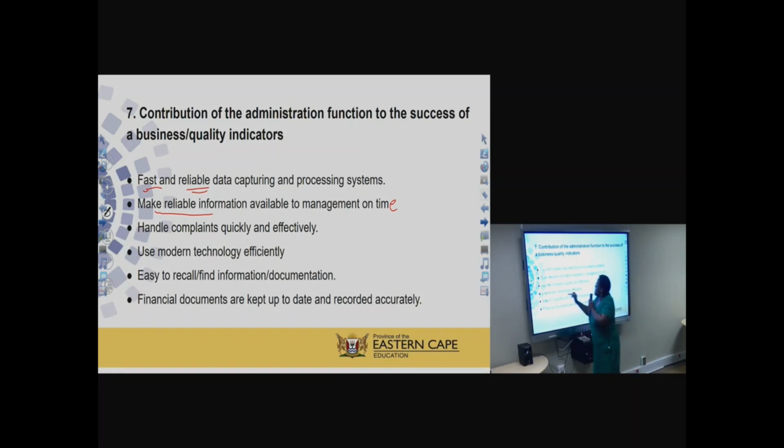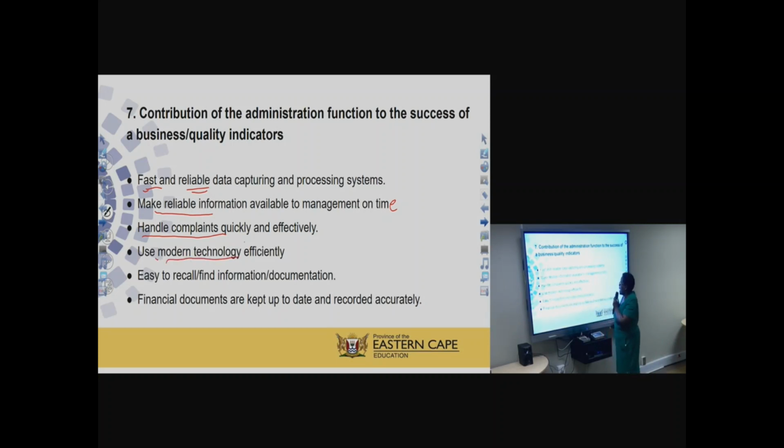You must be able to handle complaints quickly and effectively. Remember, if you can't handle complaints in the administration function, that will bring a bad attitude from the outside customers. Then you must also be able to use modern technology.